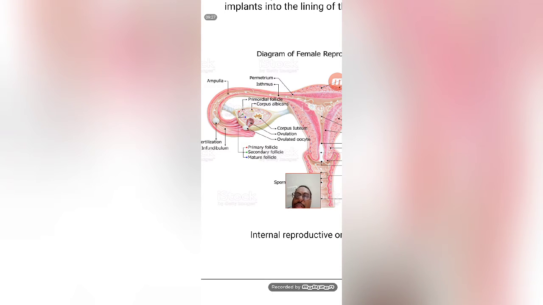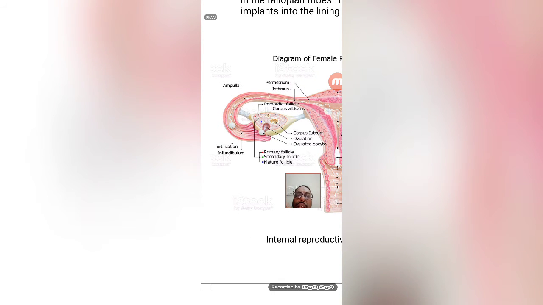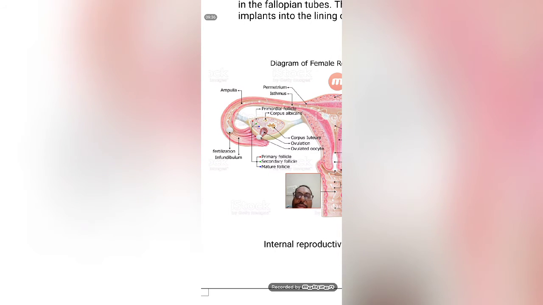That ova will be taken up by some finger-like projections, which are known as fimbriae. You can see the pathway also. The ovum will be collected by the fimbriae, which move like cilia.